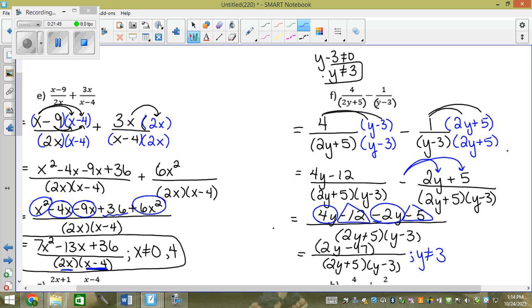You can totally do that. So we can do the same with 2y plus 5. 2y plus 5 can't equal 0. 2y can't equal negative 5. And then y can't equal negative 5 halves. So that's my other NPV.